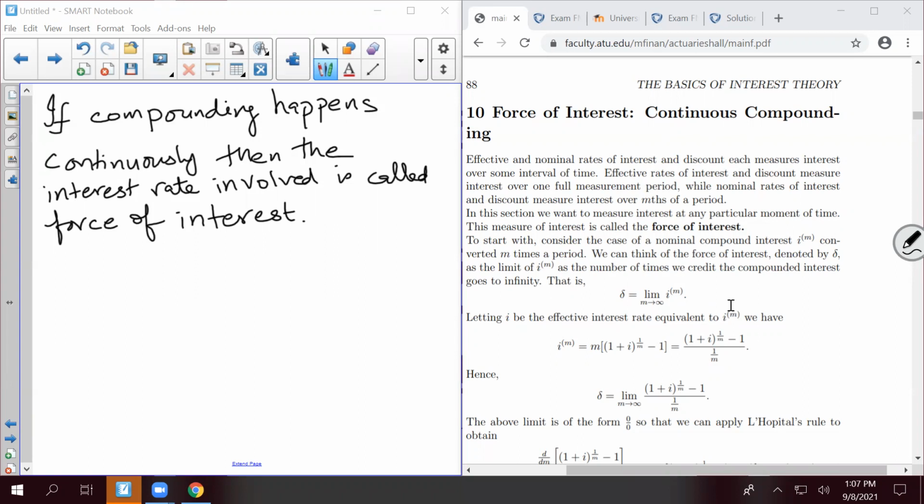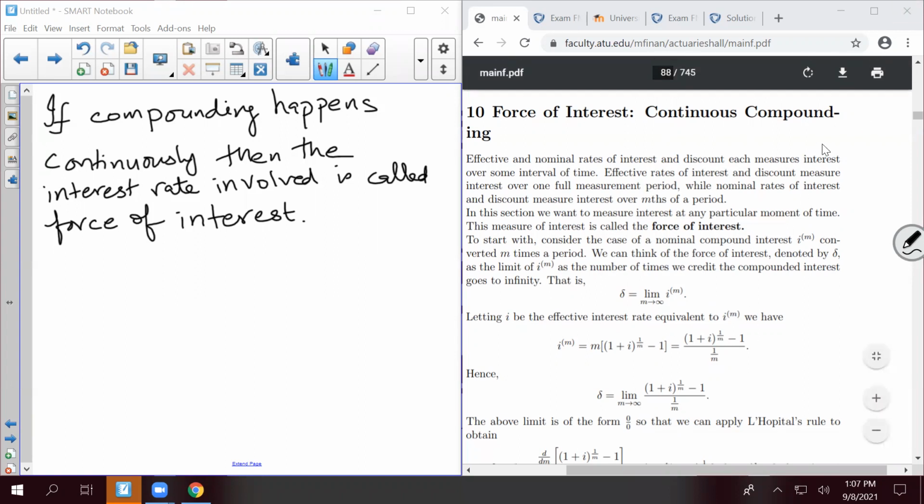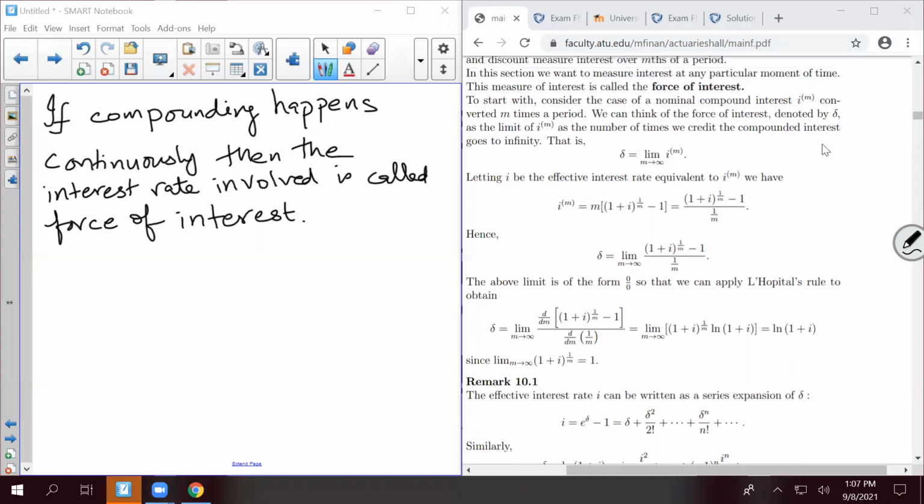There are different kinds of forces of interest that we will study. The force of interest that is related to the usual compound interest is constant, and that's denoted by delta.